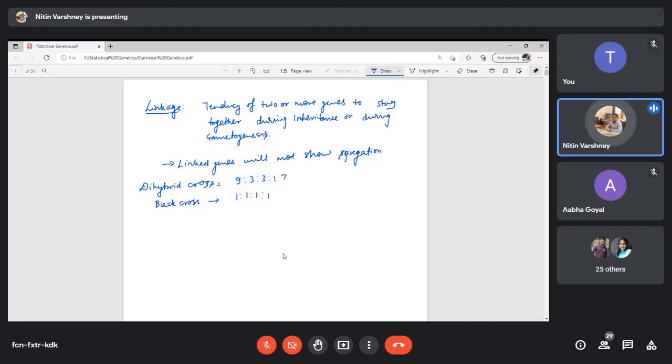So this is our expected ratio, but due to linkage, this expected ratio will be significantly different.